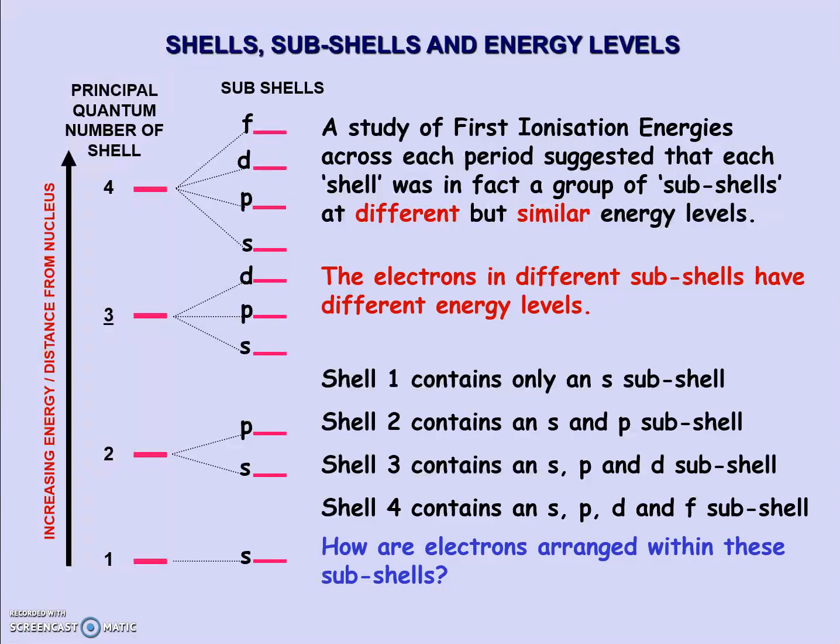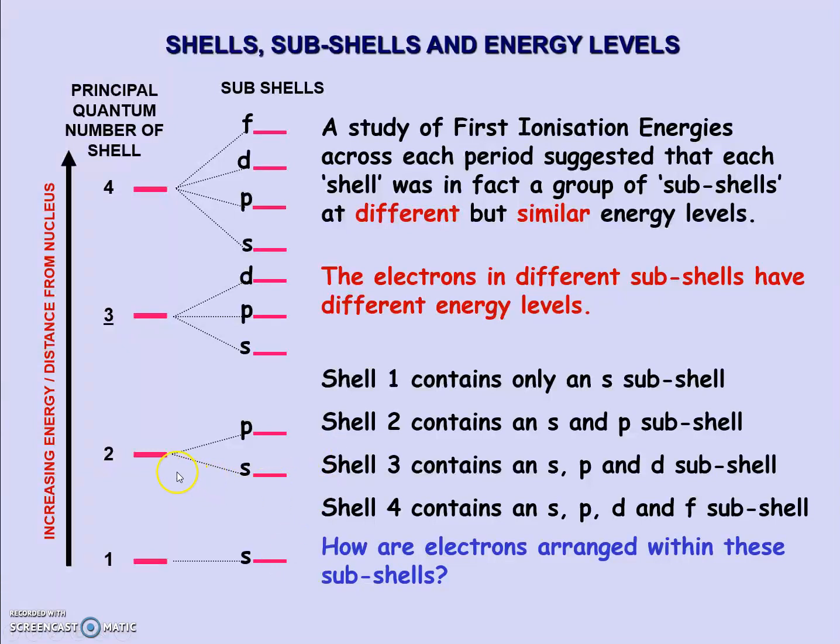So these different subshells give us a clue as to why we have different numbers of electrons in the different shells.